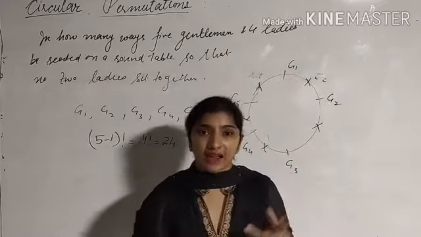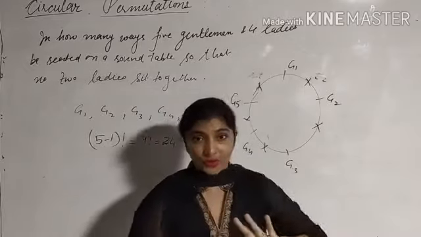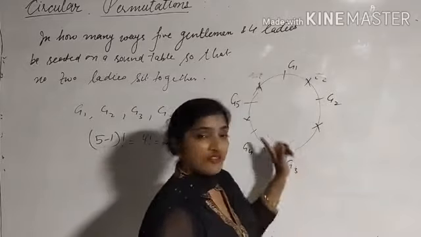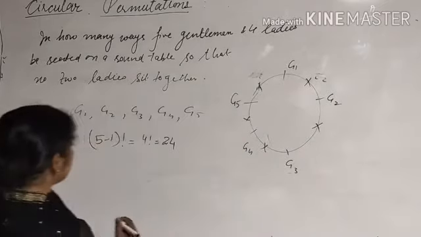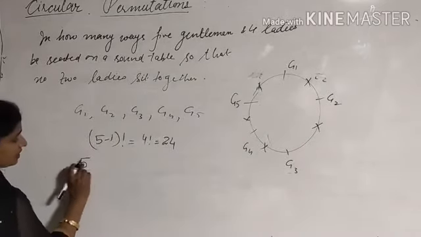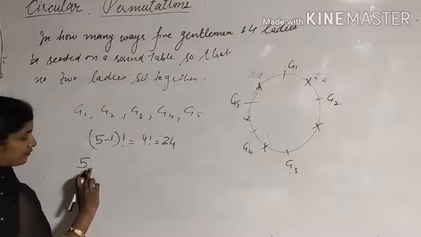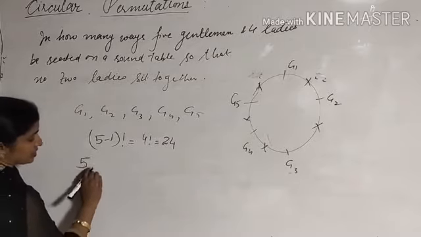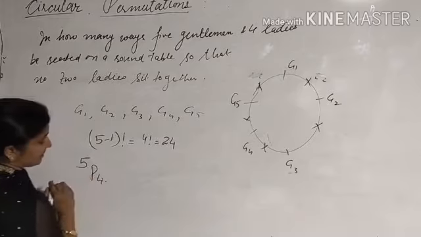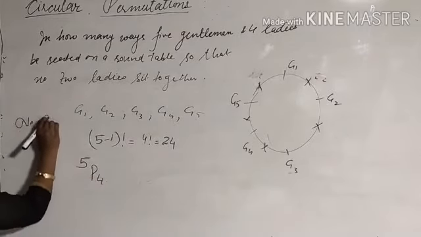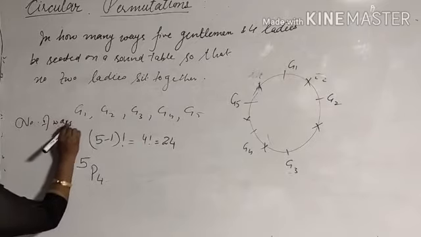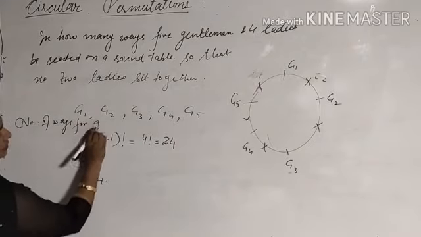So ladies have to occupy 4 positions out of these 5 positions. So how do we arrange the ladies? The ladies have to be arranged in 4 positions out of 5 positions. So the number of ways in which the ladies can be seated. These are the number of ways for gentlemen to be seated.